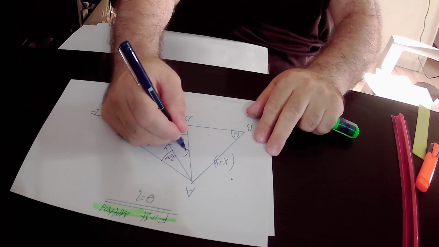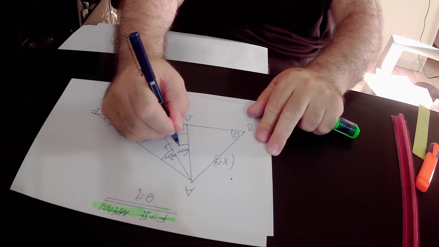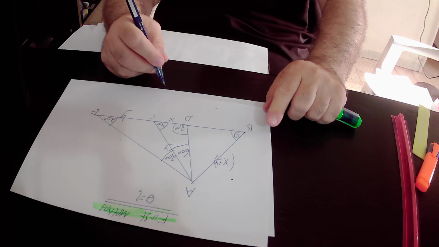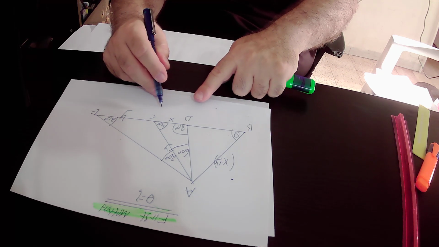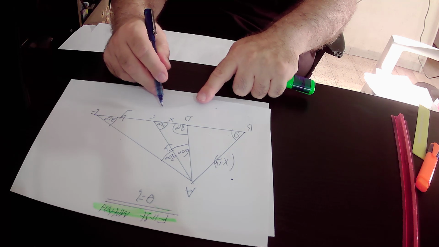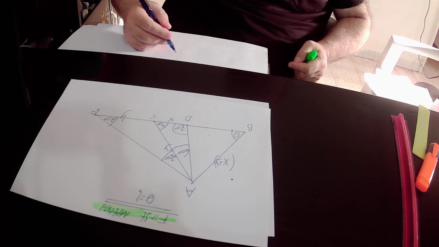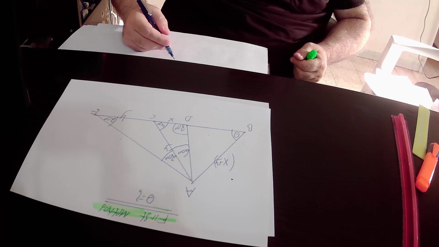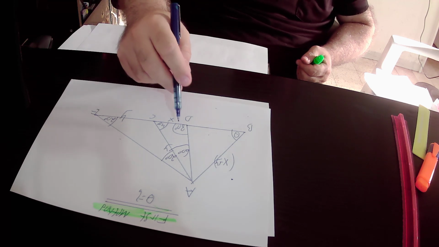Why? Because 60 degrees plus 120 degrees equals 180 degrees. So in order to complete the sum of the angles in triangle ADC to 180 degrees, this angle must be equal to 60 degrees.